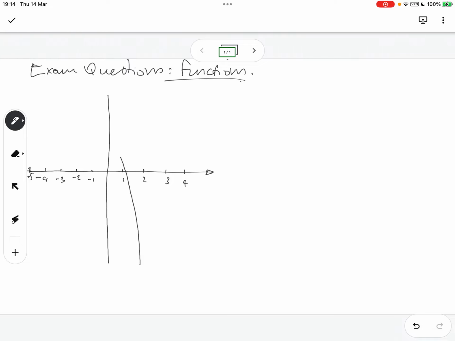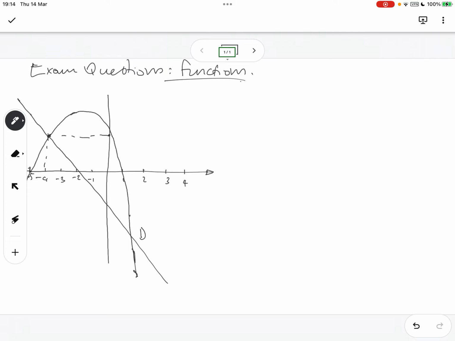So we've got a parabola that passes through the point (1, 0), and then again somewhere up there, and then the parabola curves like that, and then somewhere at the point (-4, 5). So this is not drawn to scale, so there could be errors. And somewhere there we've got a straight line.